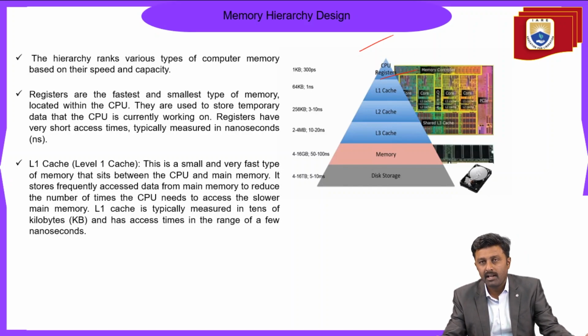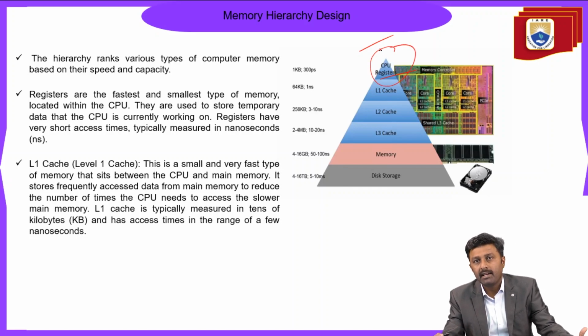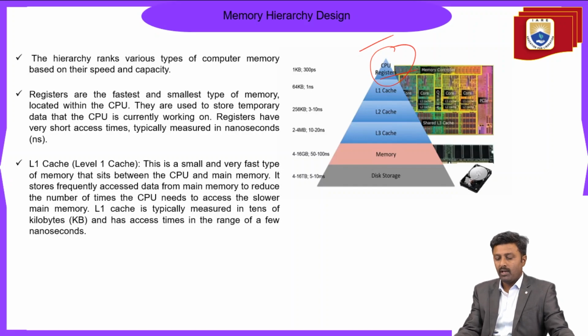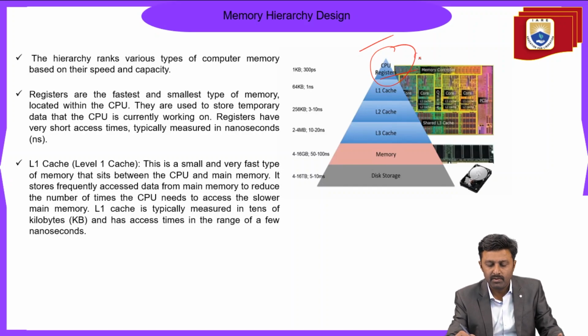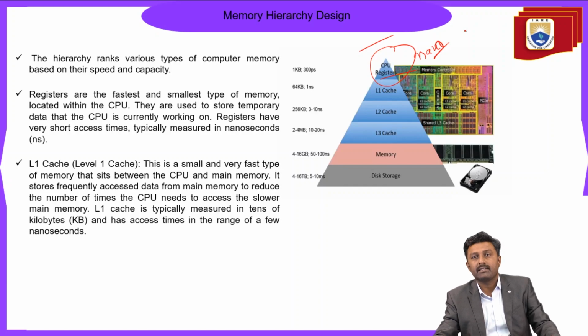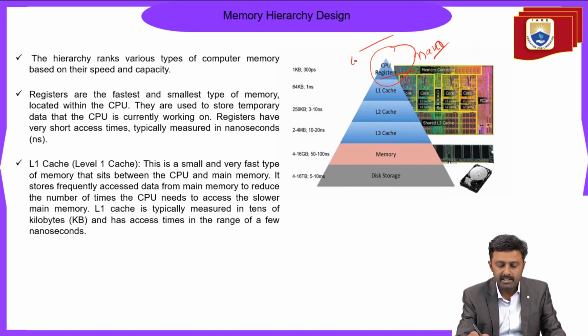These CPU registers are used to store temporary data that the CPU is currently working on. Registers have a very short access time, typically measured in nanoseconds, so this will execute the instructions in nanoseconds. So this is the first level.